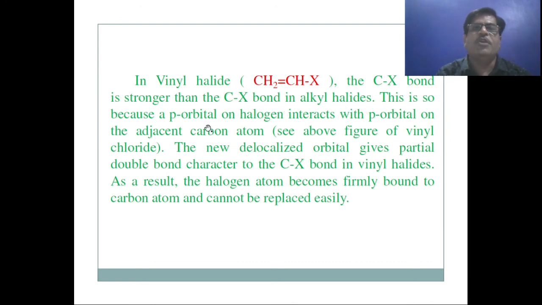This is because a p orbital on the halogen interacts with the p orbital on the adjacent carbon atom. See the above figure of vinyl chloride. The new delocalized orbital gives partial double bond character to the CX bond in vinyl halide. As a result, the halogen atom becomes firmly bound to the carbon atom and cannot be replaced easily.